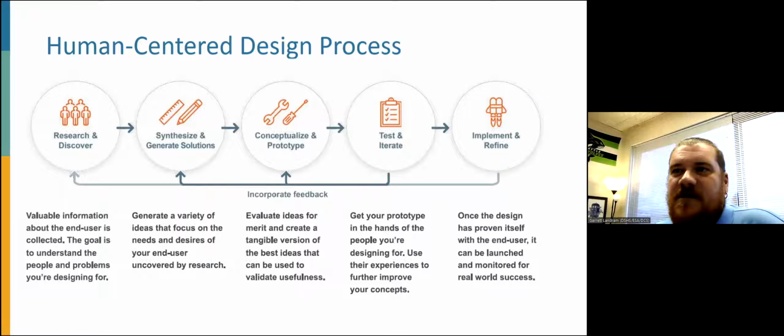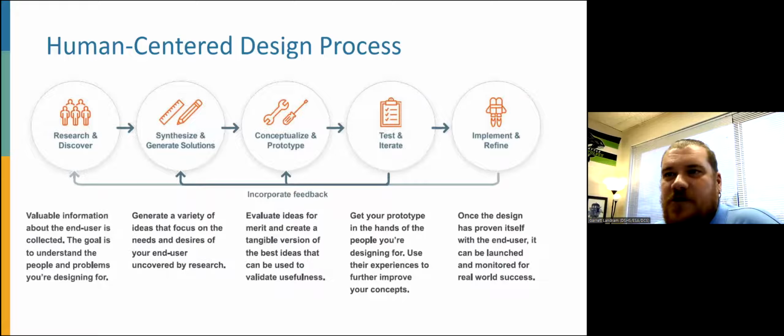The next phase is conceptualize and prototype. This is where you're evaluating the ideas from your prior phase for merit and creating a tangible version of the best idea that can be used to validate the usefulness of that idea, product, whatever that may be. Once we have a prototype built, we're going to need to test and iterate that prototype.